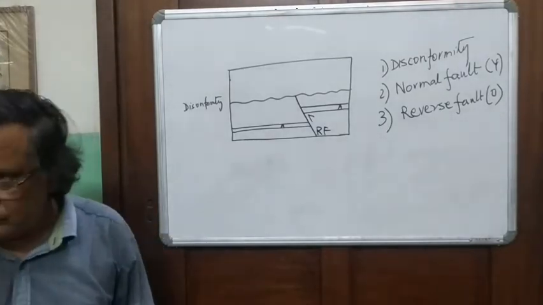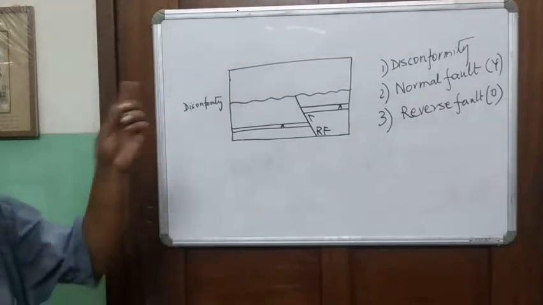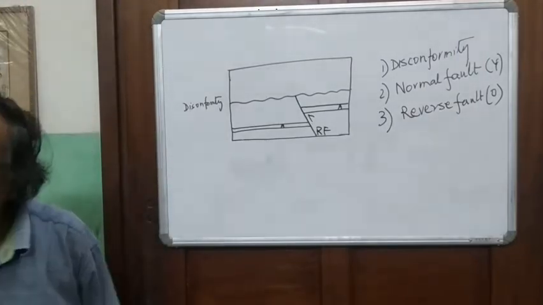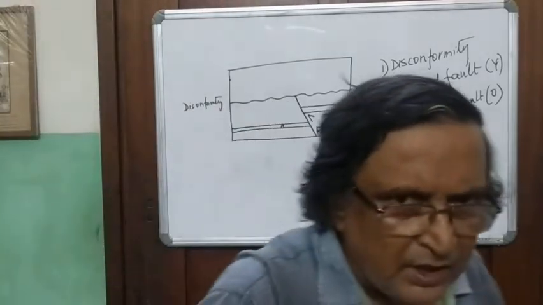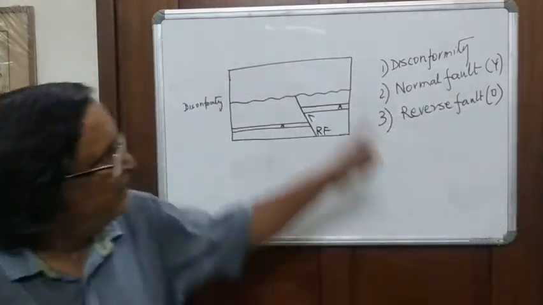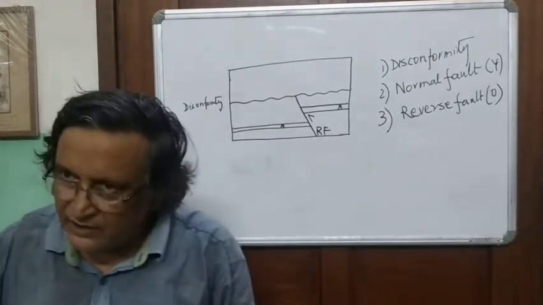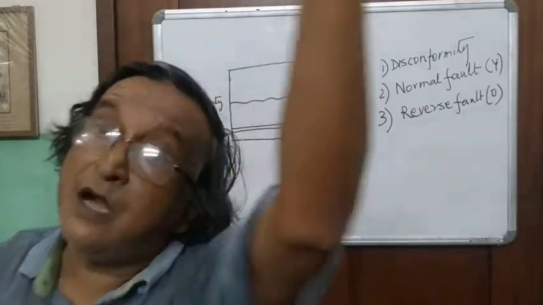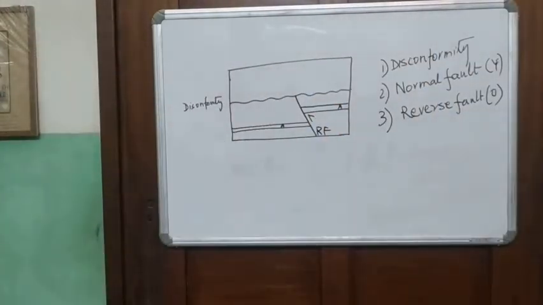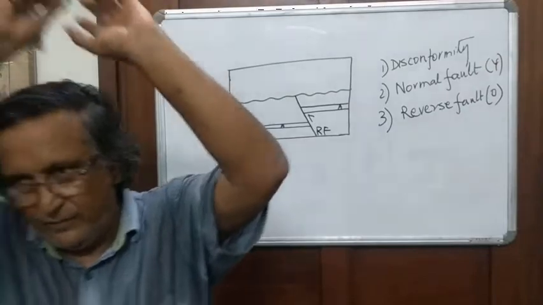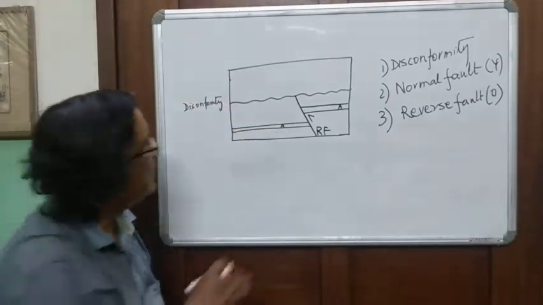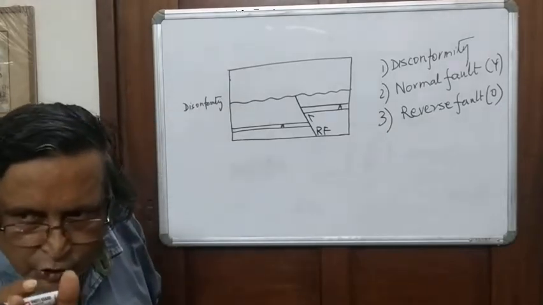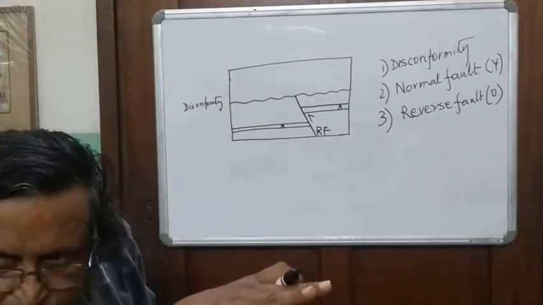What will I do now? How will I draw a younger normal fault? You should ask me, younger to what? It is not defined. If, say for example, the normal fault is younger than the disconformity, have you understood? What would I do? Younger means that fault should fault the disconformity.